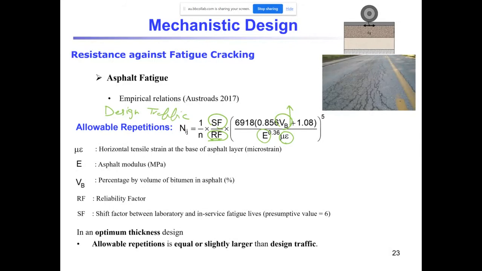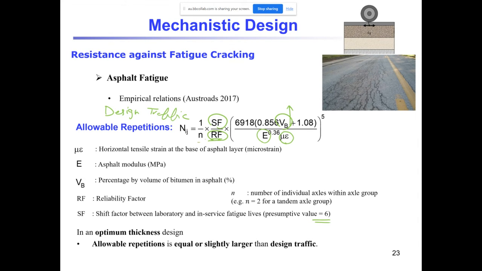Because when you conduct a test in the lab, the boundary conditions, the geometry of the pavement, the asphalt you're considering is different from what you have on site, in the field, right? So you need to apply some scale factor to the system. There is one presumptive value for that, and it is 6. So we generally use 6 for this shift factor or scale factor.